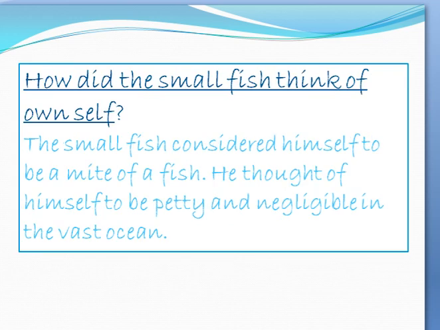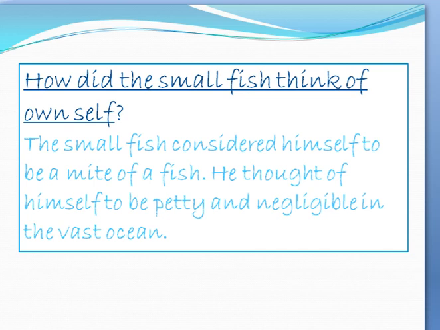Next question. How did the small fish think of his own self? Initially, at the beginning of the story, the writer wrote that the fish thinks about this, thinks about that, about himself. That is what this question is about. How did the fish think of his own self? The small fish considered himself to be a mite of a fish, means even the smallest of the smaller fishes.